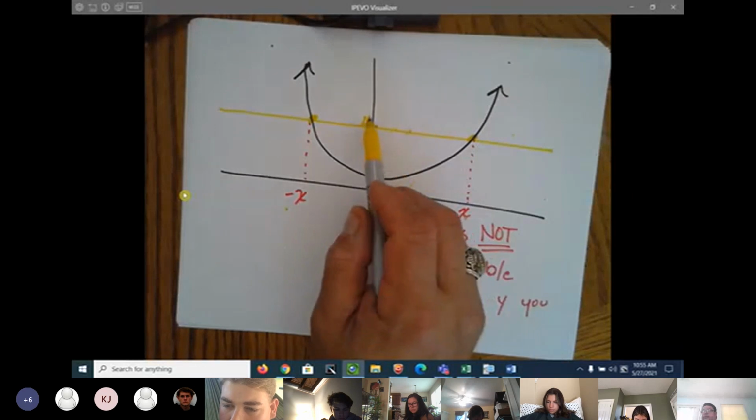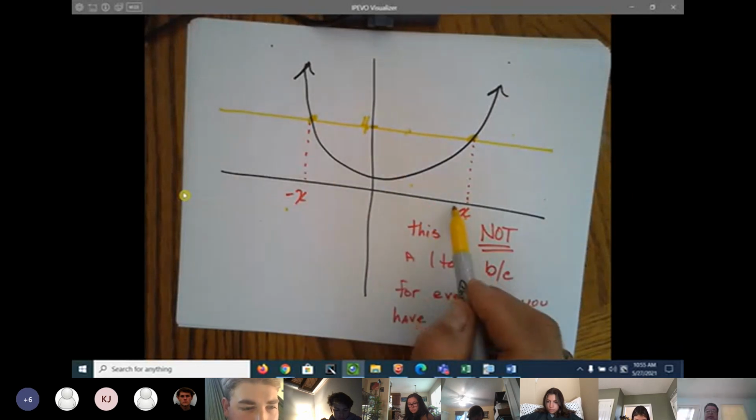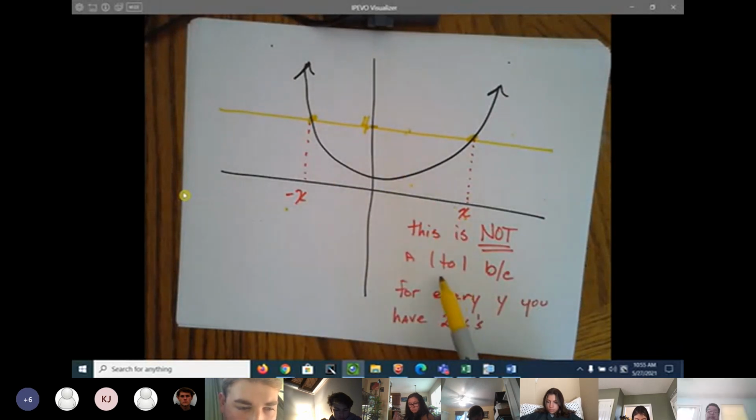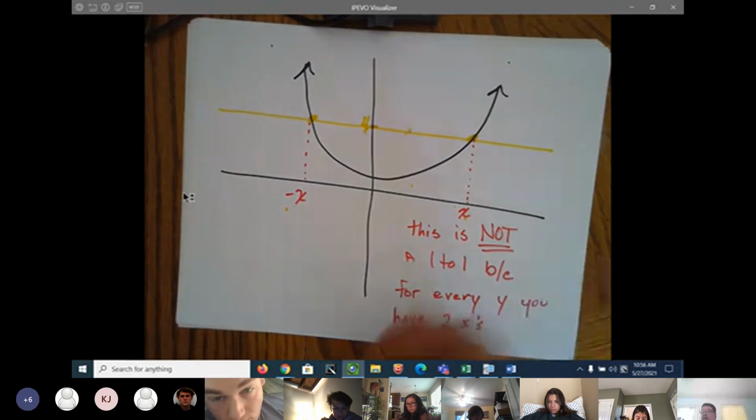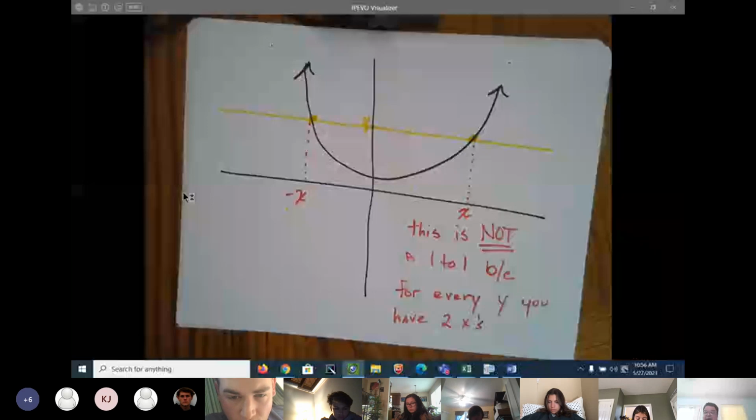So for 4, you have two x's, and that's not one-to-one. So as long as your x's give you different y's, then you're okay. But if you have two x's that give you the same y, or two y's that give you the same x, it's not one-to-one.